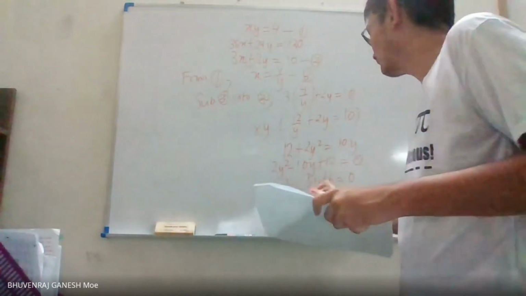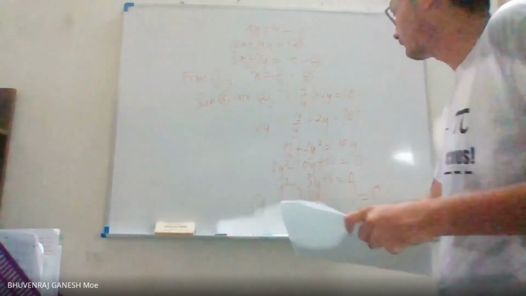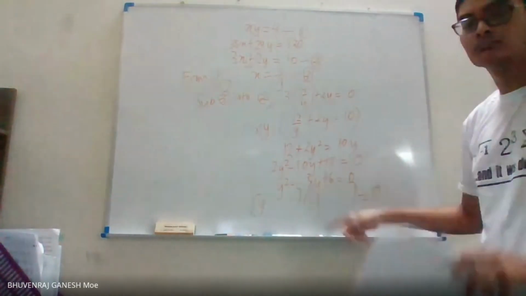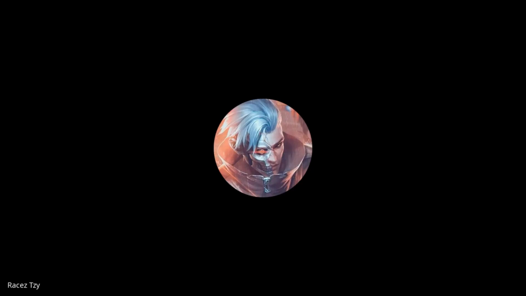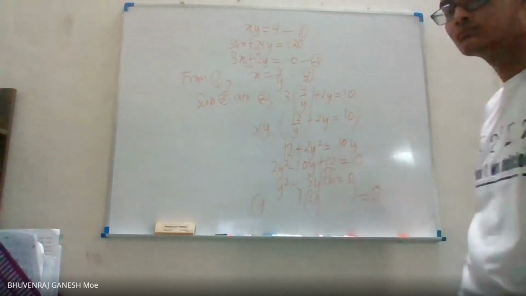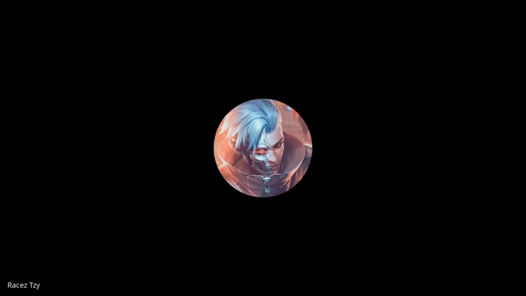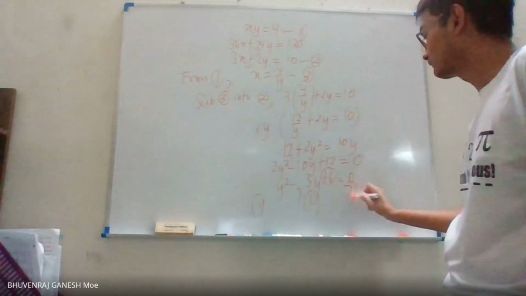So if you make two brackets, y. So what is the number you think you can combine to get this quadratic? Means what times what you get 6? 3 times 3. 3 times 2. Yeah, okay. So 3 and 2.